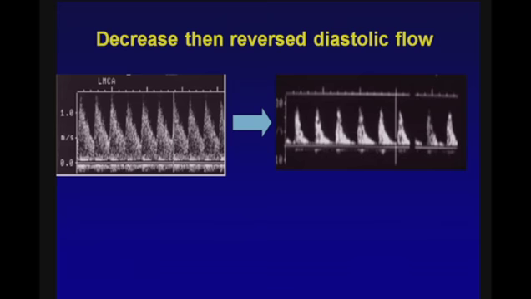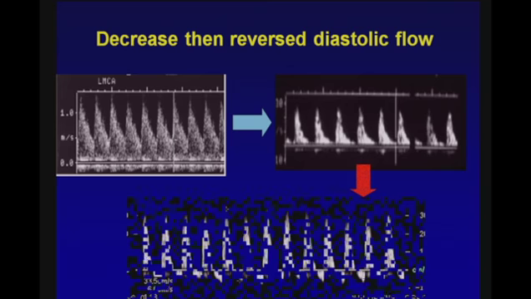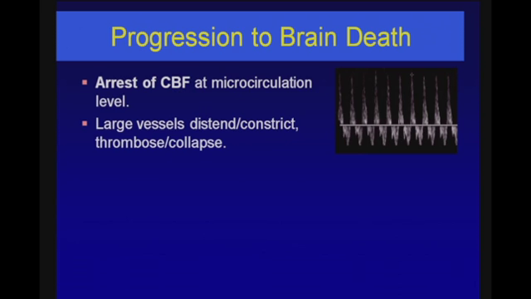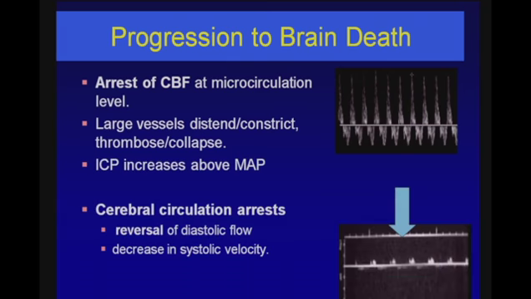You then get a drop in the diastolic flow, and as the cerebral edema worsens, you actually get reversal of flow in diastole. This can progress to brain death. When there's such an arrest of cerebral blood flow at the microcirculatory level, the large vessels distend, thrombose, and then collapse. Eventually, you get virtually no antegrade flow in either systole or diastole, and you have complete circulatory arrest.